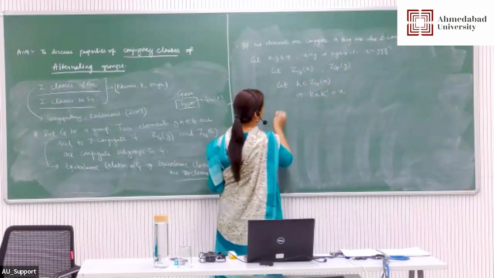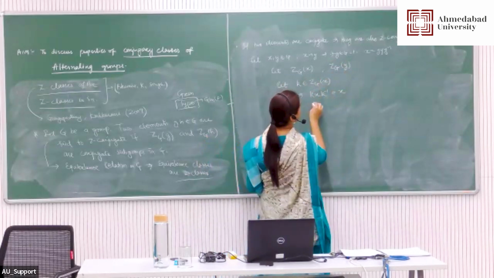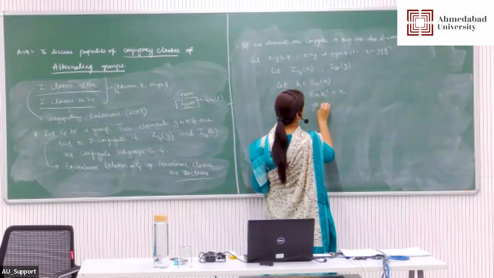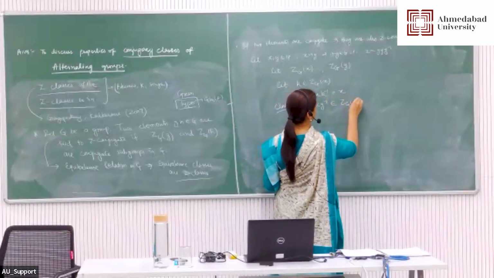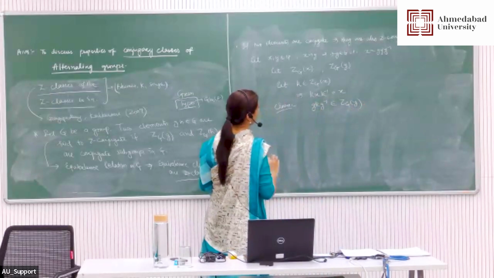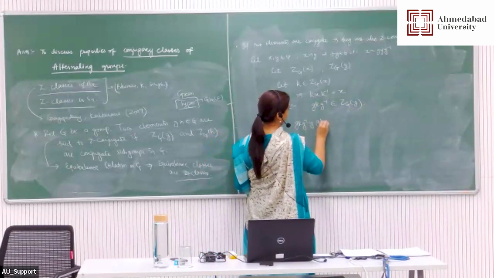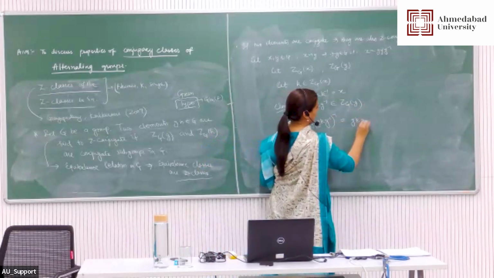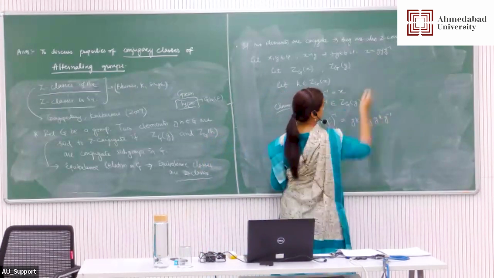So this means k x k inverse is equal to x. Next my claim is this, if I put everything correctly. Maybe I need to change these inverses and see. If I do it this way, this is one, and from here this is equal to x.